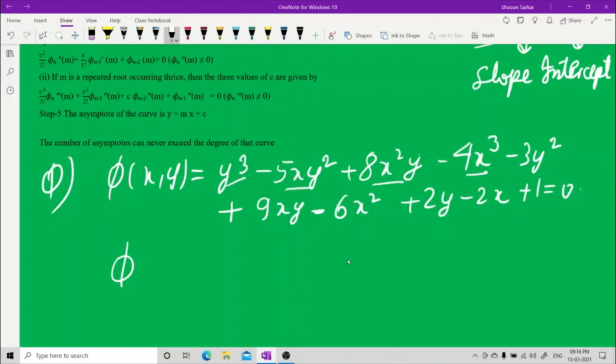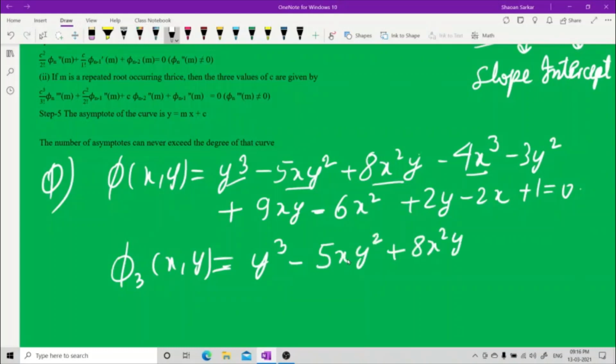So phi 3 of x,y is nothing but y cube minus 5x y square plus 8x square y minus 4x cube. Total power देखना है. 2 इसका 1 इसका, 2 इसका 1 इसका, total power 3 है. So total power you have to see. Now you have second power.